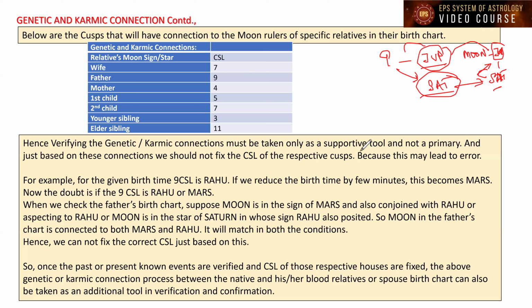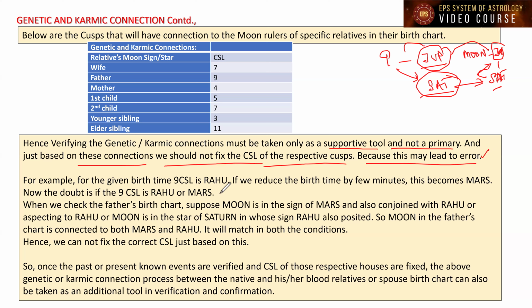It can be taken as a supportive tool, sometimes giving us a clue whether this or that is better, but not as a primary tool. Just based on these connections, we should not fix the cuspal sublord of the respective cusps, because this can lead to error, as we discussed.